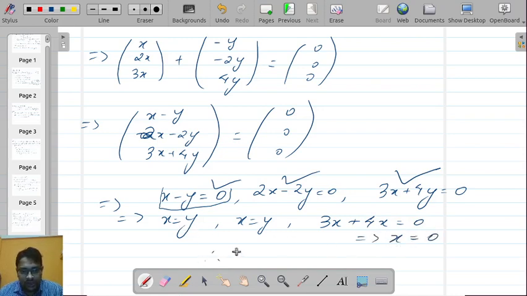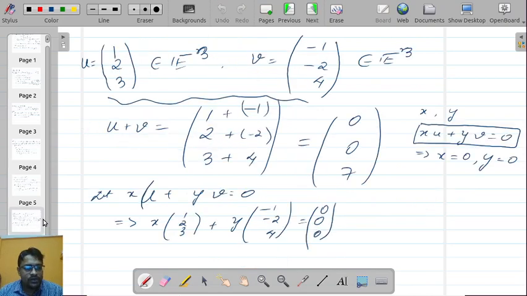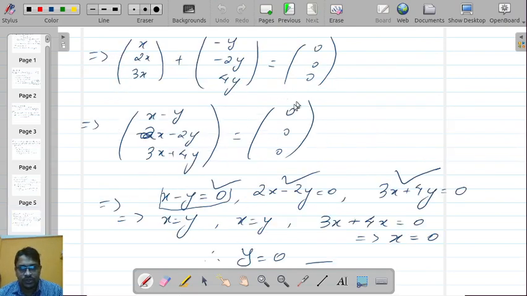Since y is equal to x, y is also 0. So this type of relation is possible only when both x and y are 0. So these two vectors are linearly independent. Clear? I hope this is clear.